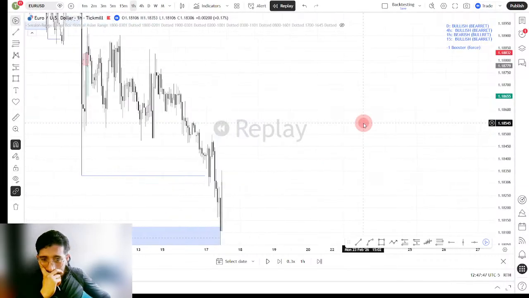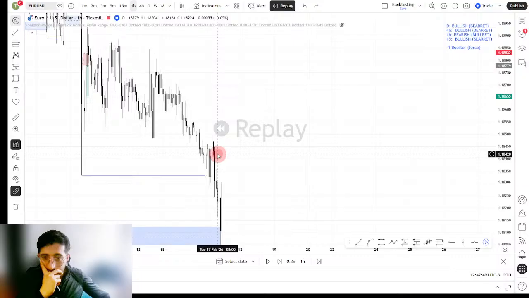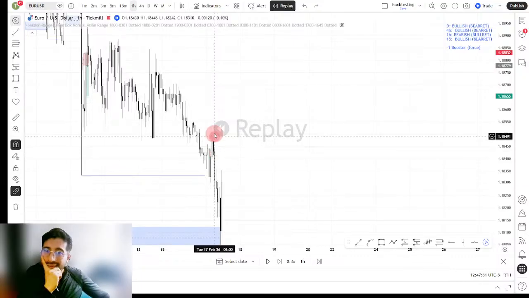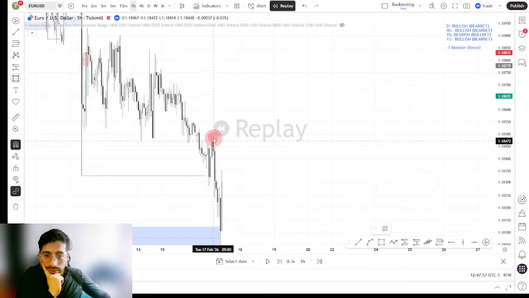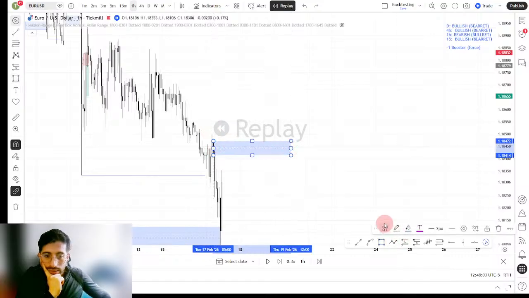This is an order block in 1 hour. Plenty of liquidity above this high. Supply.